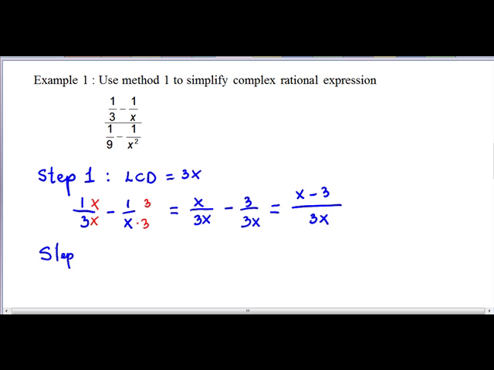Step 2, we do exactly the same thing for the denominator. In the denominator, I have 1 over 9 and 1 over x squared. The LCD for the minor fractions in the denominator is 9x squared, because 9 and x squared are unique, so we take all of them.